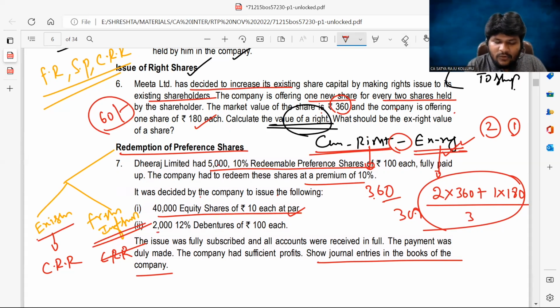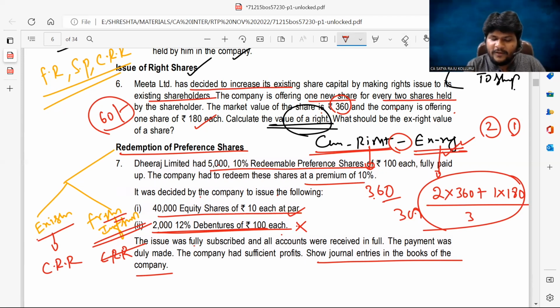Sir, this is altogether irrelevant because the proceeds from the issue of debentures should not be utilized for redemption of preference shares. Only the proceeds of a fresh issue of shares you can utilize. This is just additional information, but nowhere is this amount available for redemption.